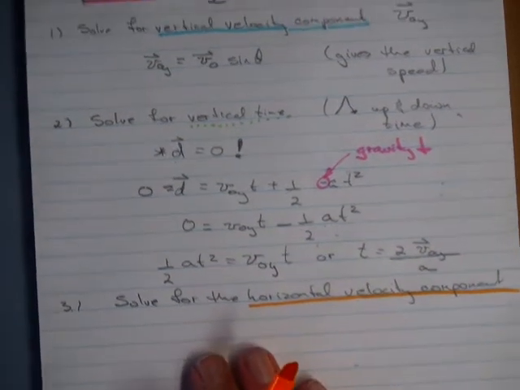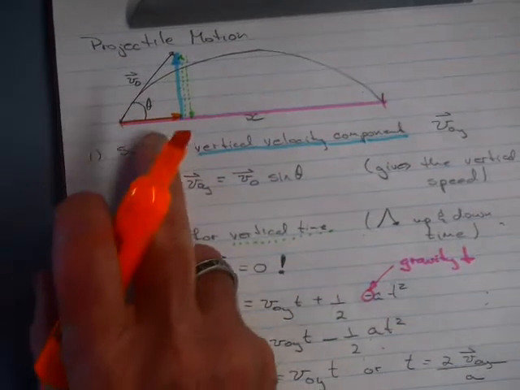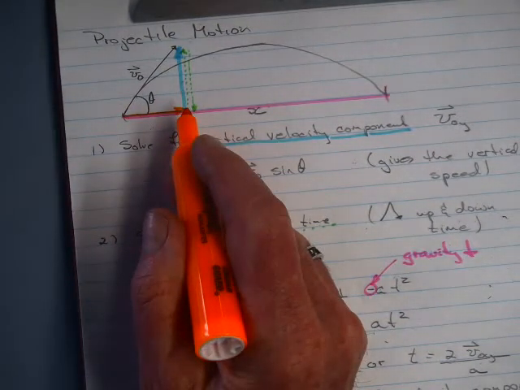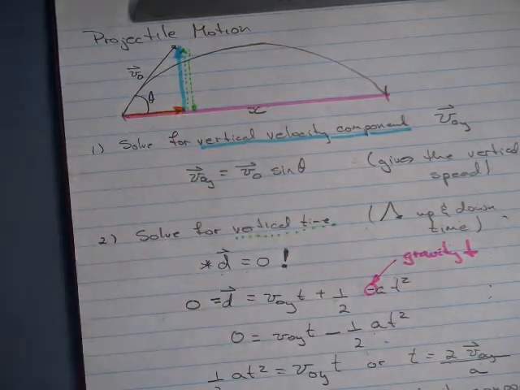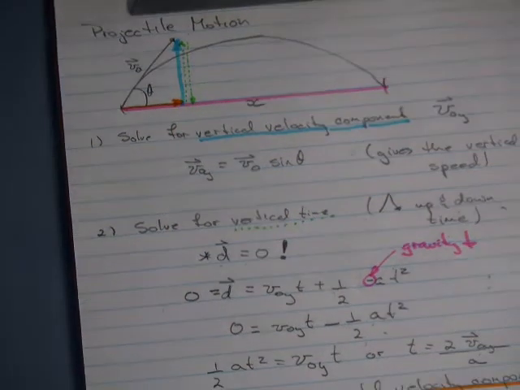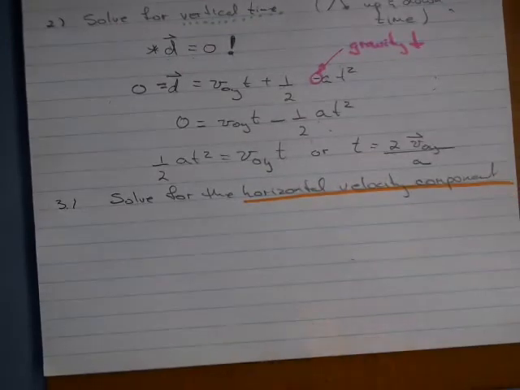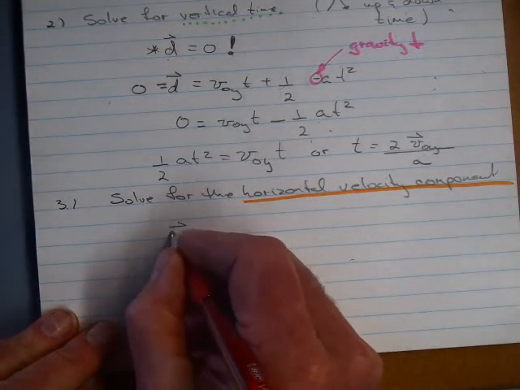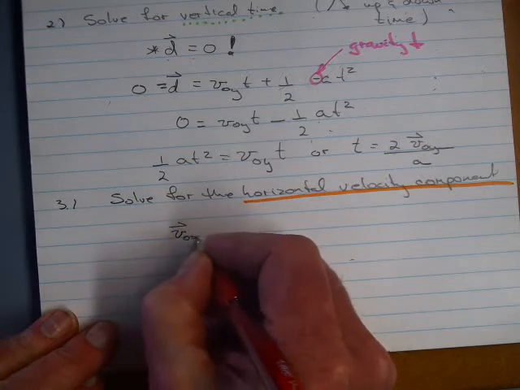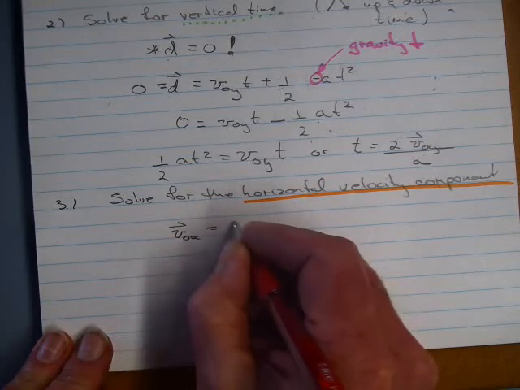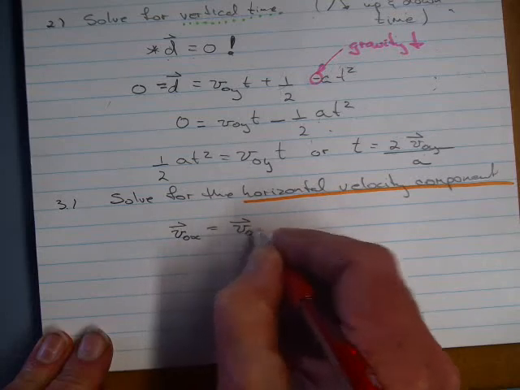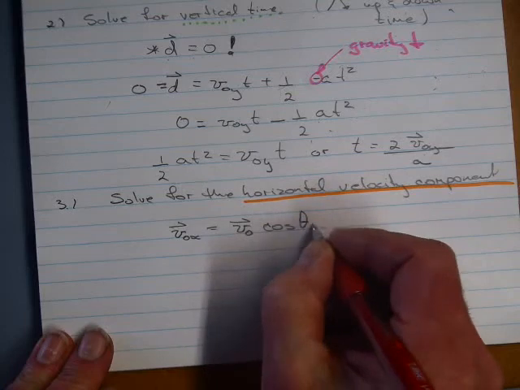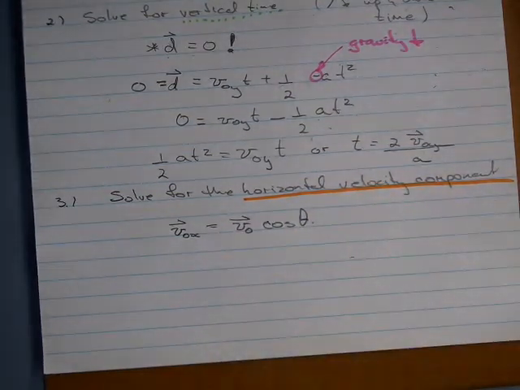In other words, you're trying to solve for this piece right here, from here to here. Again, you can use trigonometry, and in this case, you're going to use cosine. So V0x is equal to initial velocity times cos theta. Pretty straightforward.